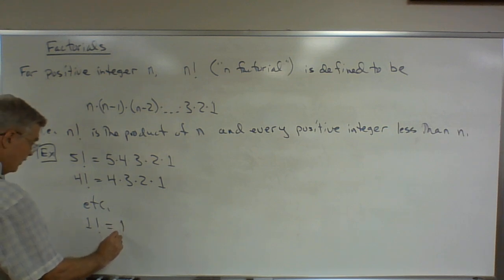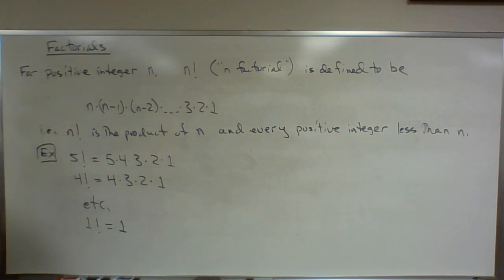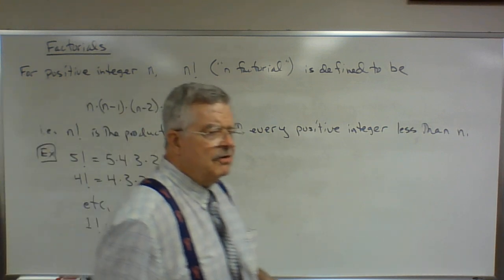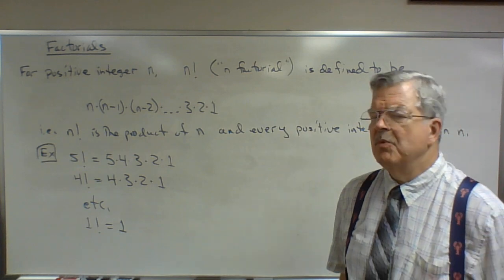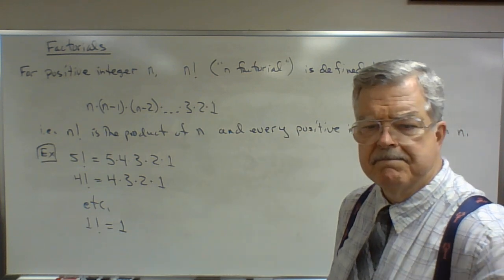So 1 factorial is just going to be 1. Now let's go about this a little bit more systematically.